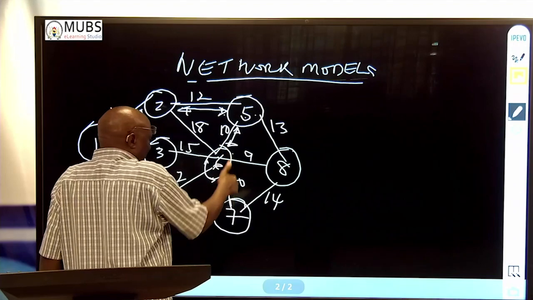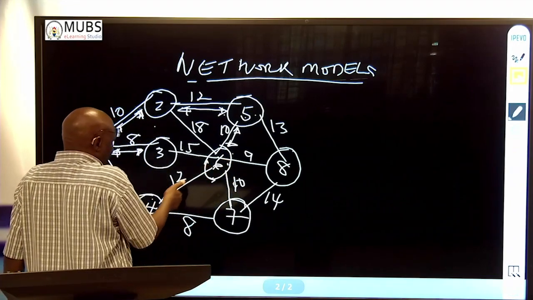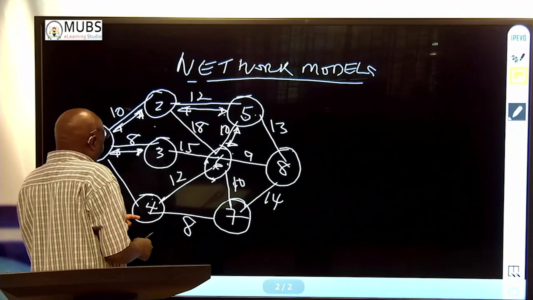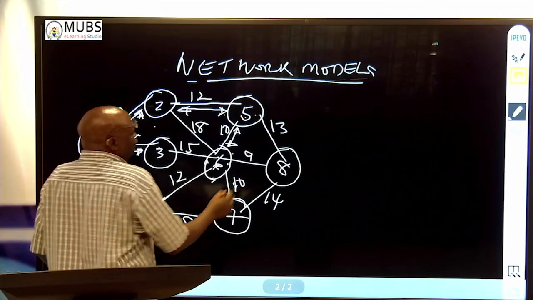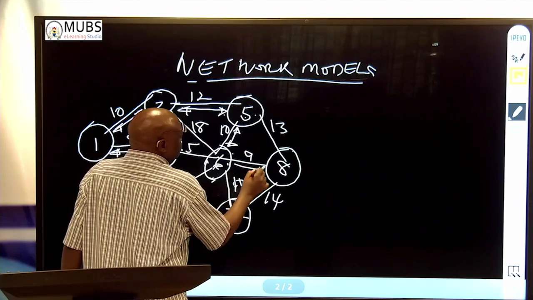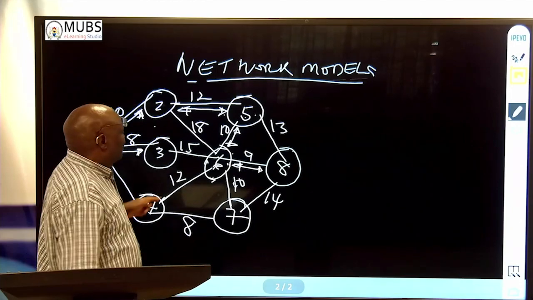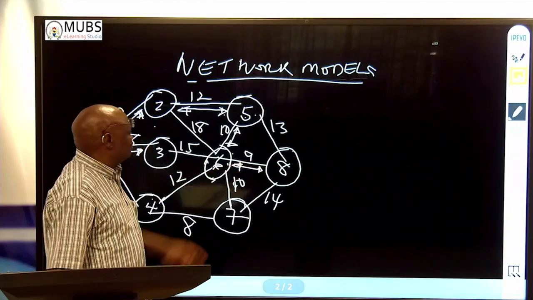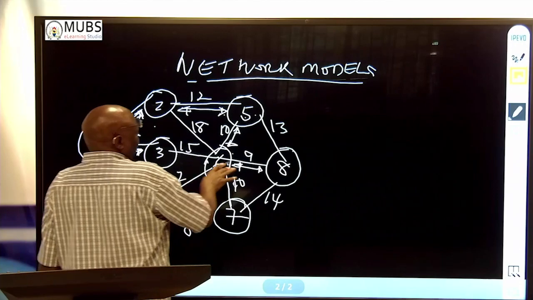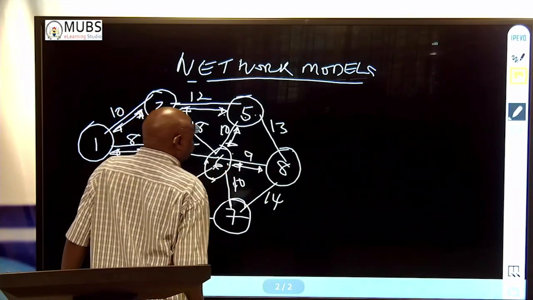It can connect to 7 at the cost of 10. It can connect to 4 at the cost of 14. 1 can connect to 4 at the cost of 12. This one is the cheapest. So 6 can connect to 8 at the cost of 9.